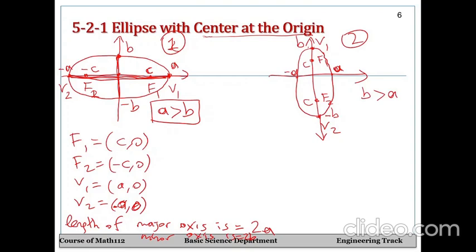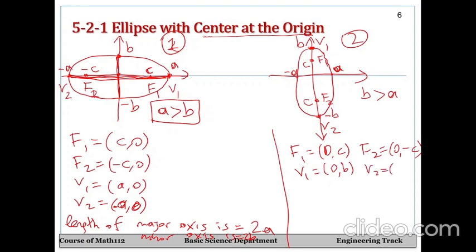And if you look at the foci and the others here, F1 has to be (0, C), F2 will be (0, minus C). Then V1 will be (0, B), V2 is (0, minus B).